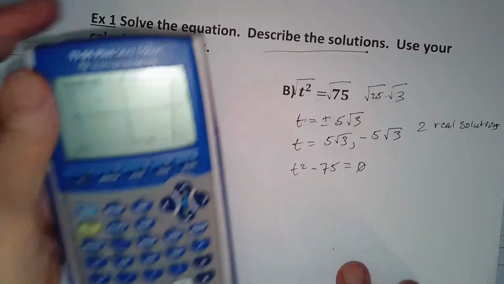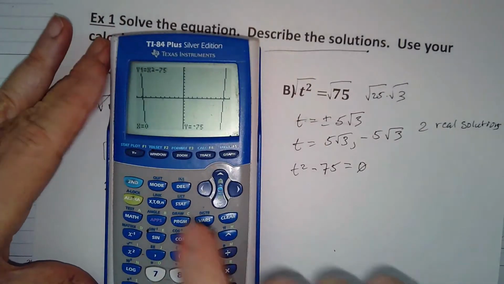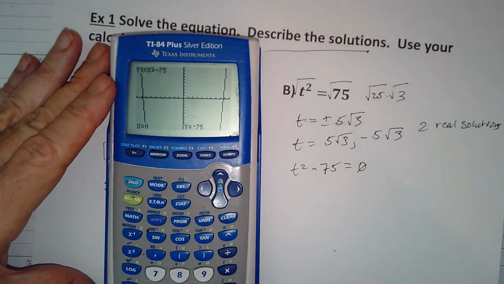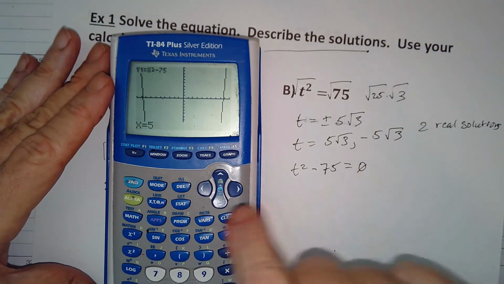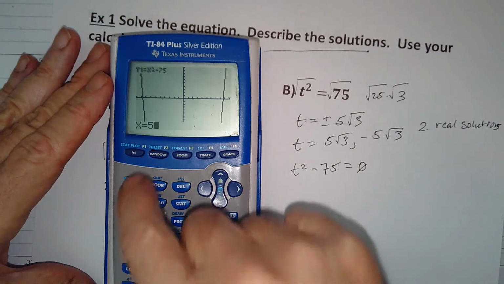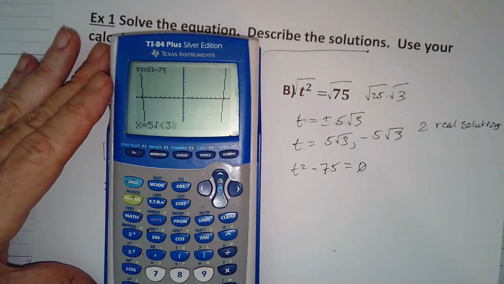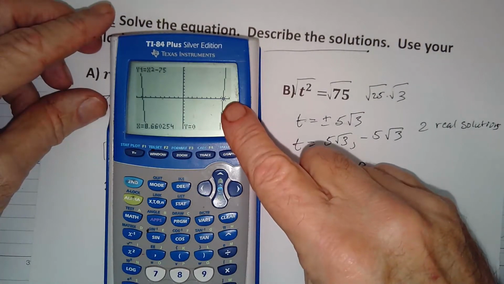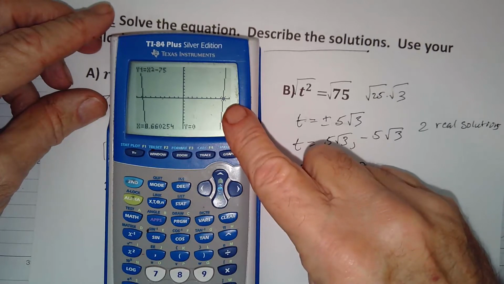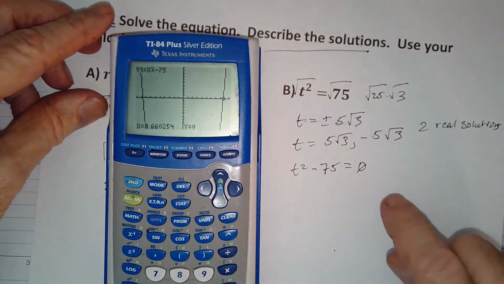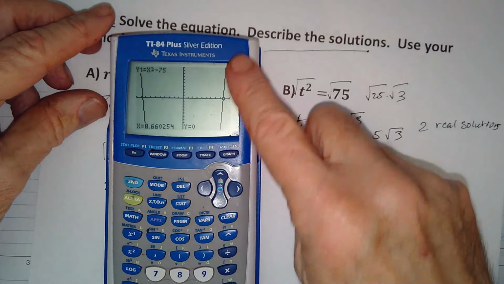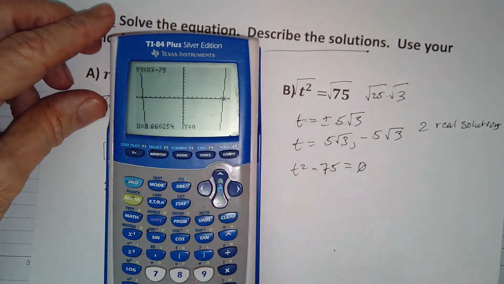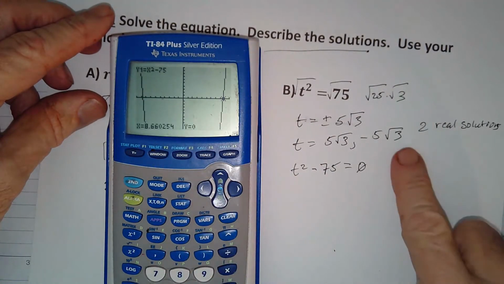So I'm going to type in for x 5, and then I want second square root of 3, and hit enter. And so you'll notice what happens. I've got a flickering button here. So that means we've got a solution that's spot on where it is on the parabola's graph. And so that's a real solution.